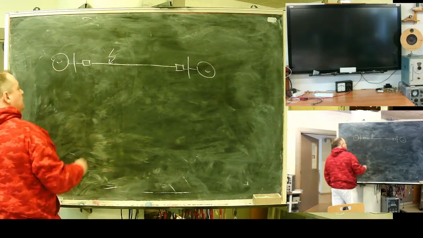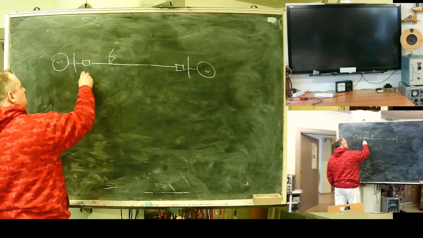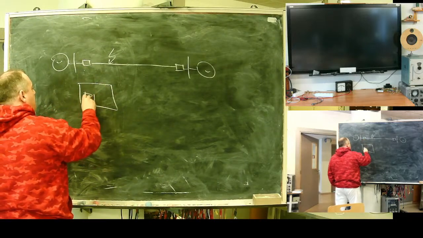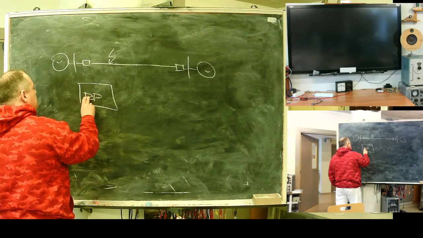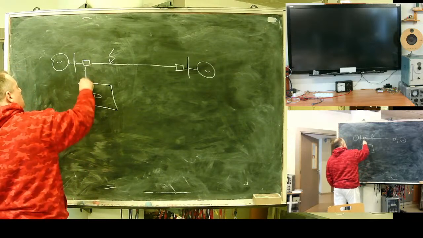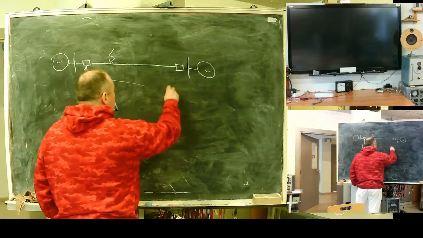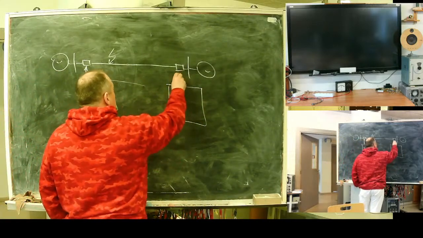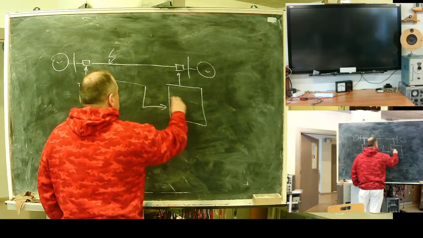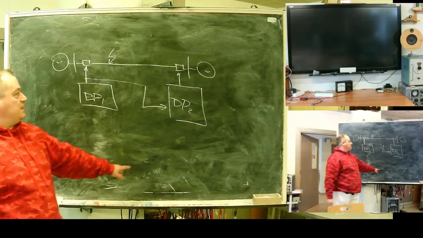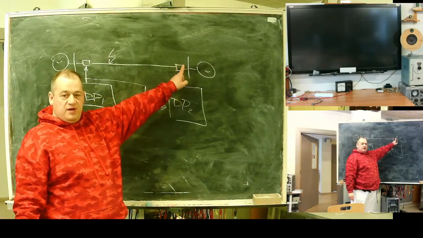If you have fault in first zone of this distance protection, trip signal should go also to distance protection 2 and immediately transfer.